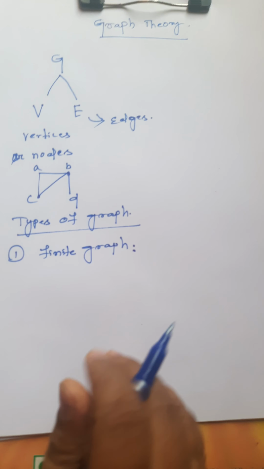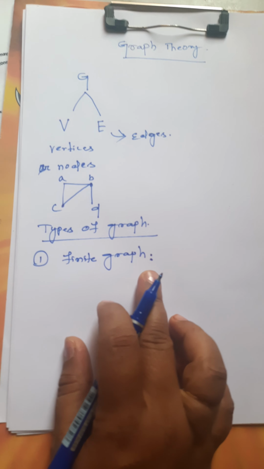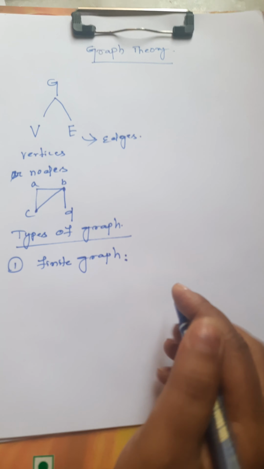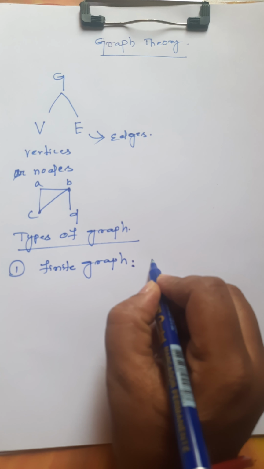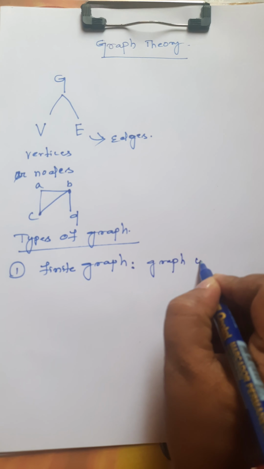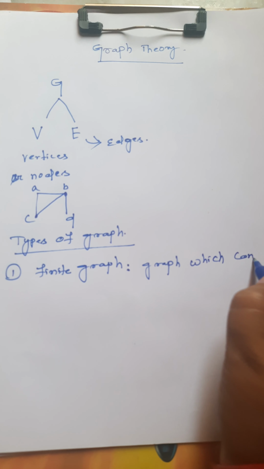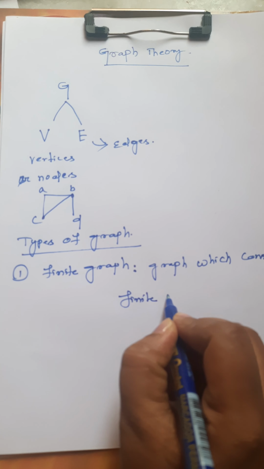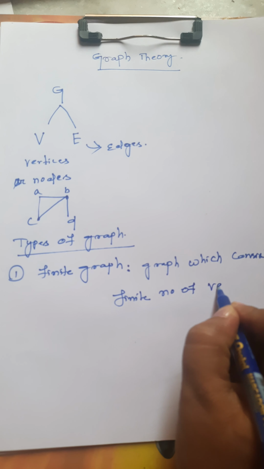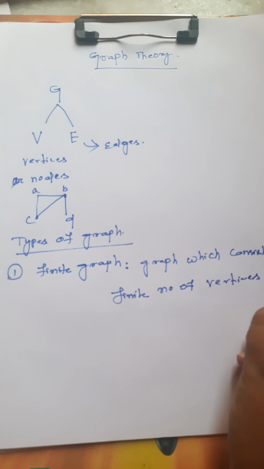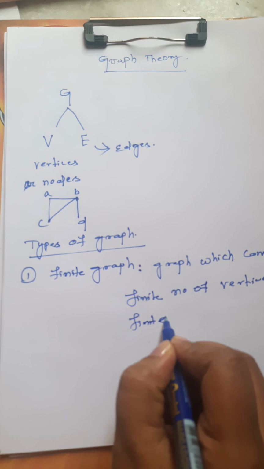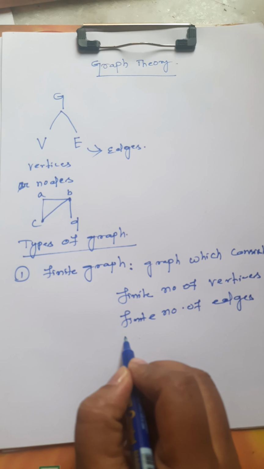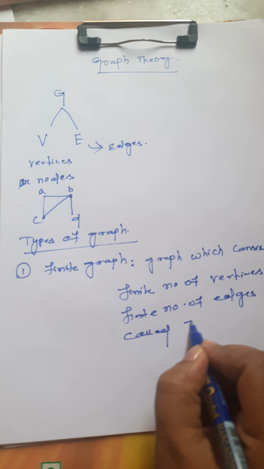A graph which consists of a finite number of vertices and a finite number of edges is called a finite graph.